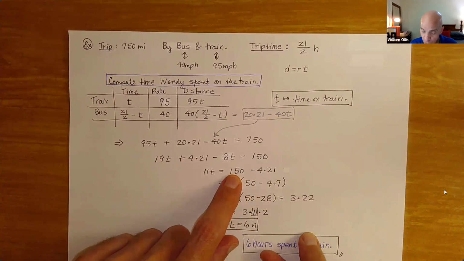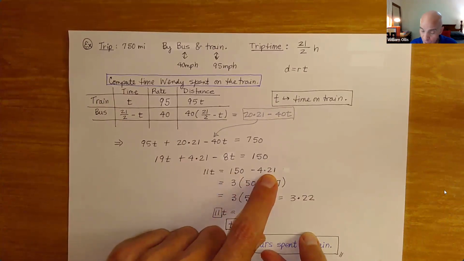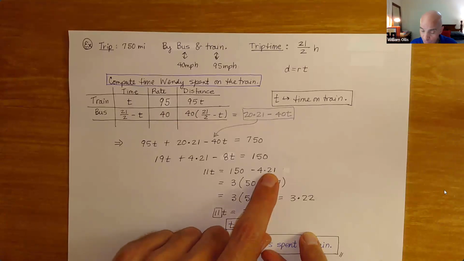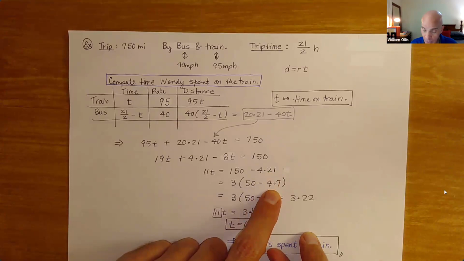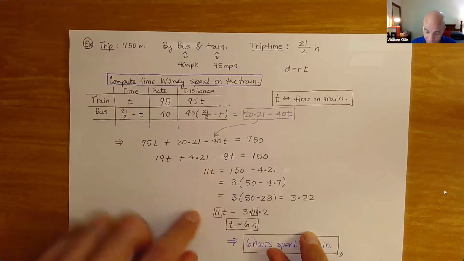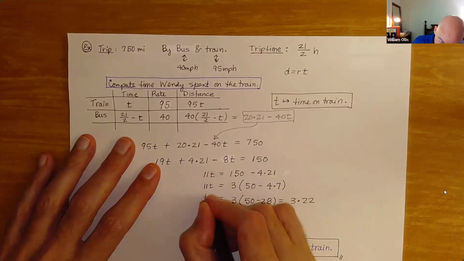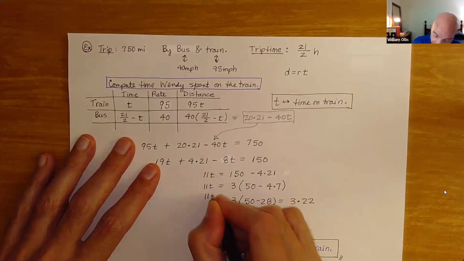So we factor the 3 from the 150 to give us a 50, and we factor the 3 here, and that just gives us a 4 times a 7 because 21 is 3 times 7. Okay, so looking good, the 11T we just remember here. I guess I should just go ahead and write it. Didn't do much with it because I didn't need to, it's just hanging out.